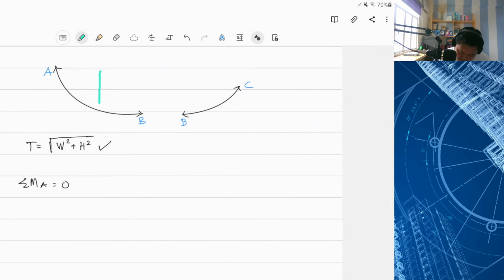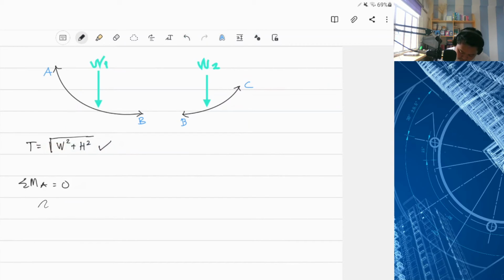You have here a force W1, and also here you have a force W2. Let's call this W2 and this is W1. So summation of moments about A.